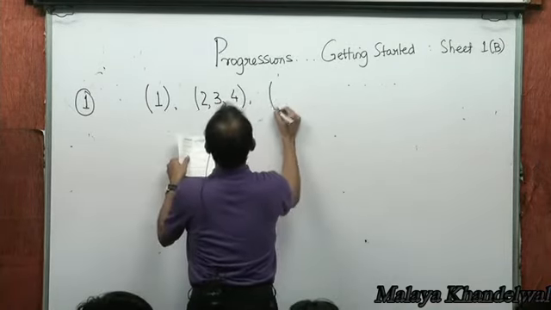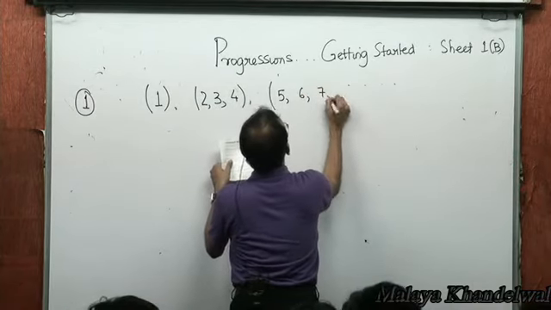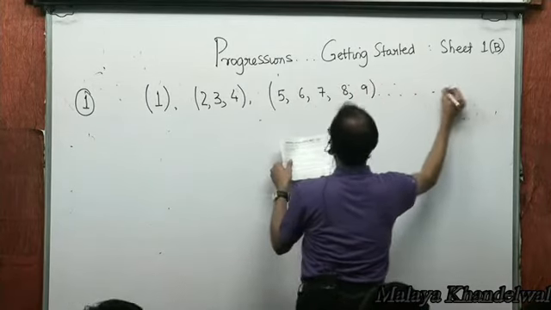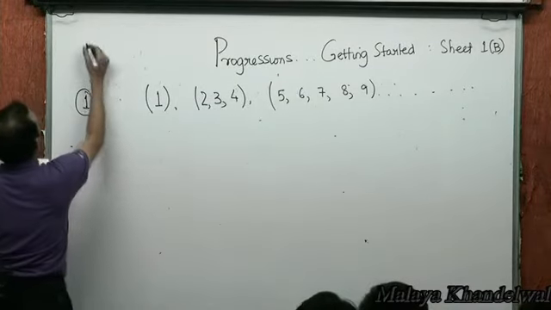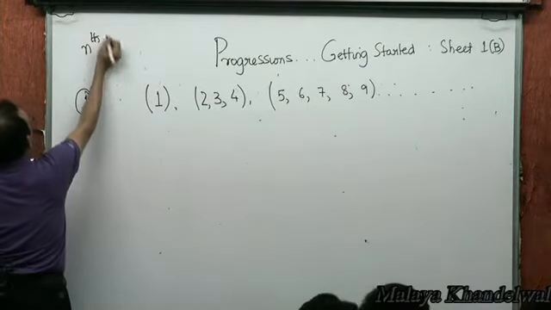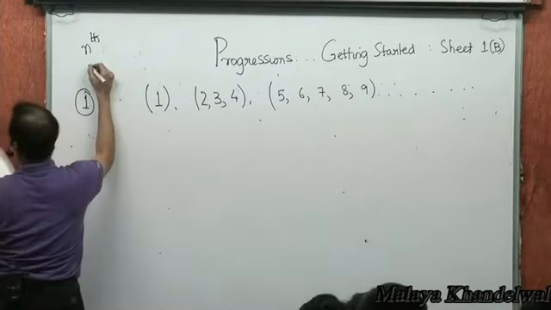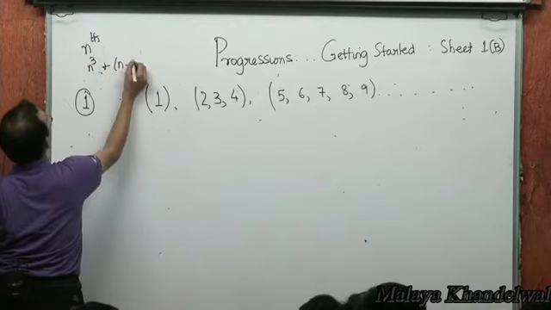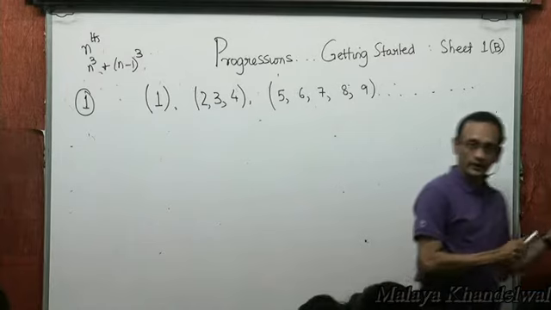Then a third group whose terms are 5, 6, 7, 8, 9, and so on. We want to show that the sum of the numbers in the nth group is n cubed plus (n minus 1) whole cubed. This is what we want to show, right?